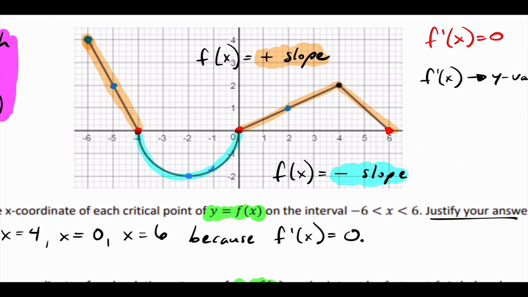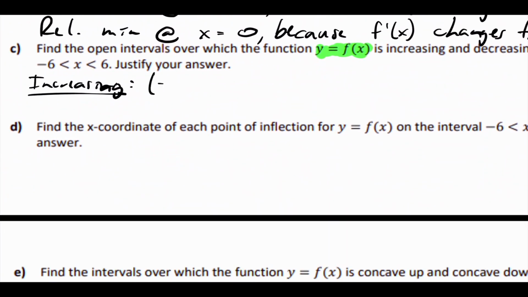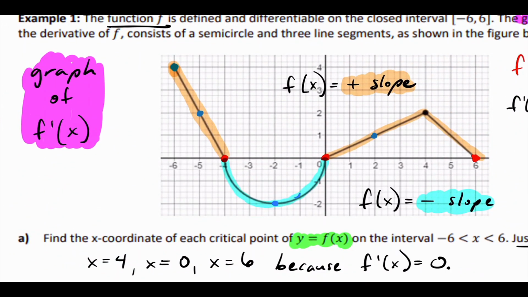We have positive y values from -6 to -4, and then we have positive y values from 0 to 6. Positive y values on the derivative mean increasing on the original.